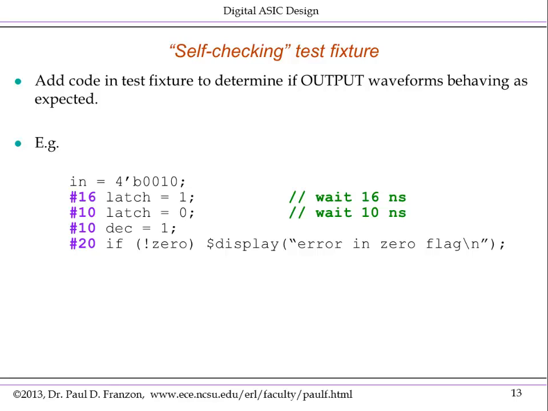The big values of this are, first of all, you don't have to go and hand inspect the waveform viewer. Secondly, now that we know the zero flag works, we're going to start adding features to this design, at least in principle. And you might forget to check that the zero flag was working properly. Well, this checks it for you every time you run.